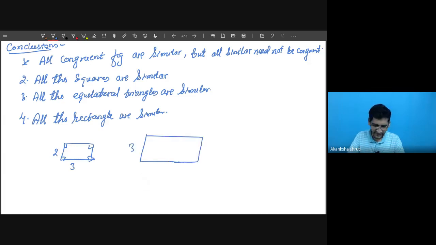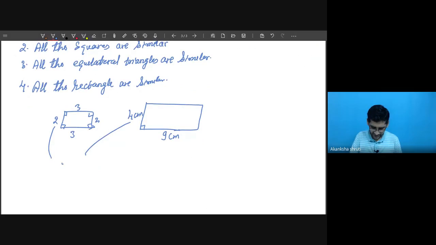Say, 4 centimeter, but this is 9 centimeter. Is it possible to take or not? Yes, it is possible. In this case, if we consider the ratio, 2 by 4 is 1 by 2.